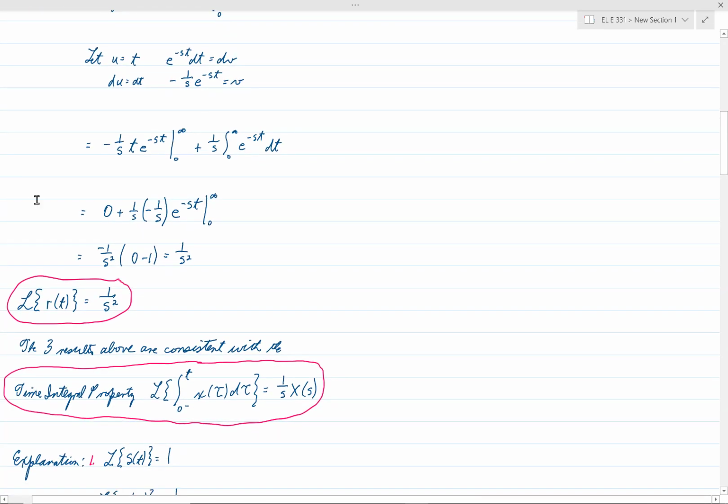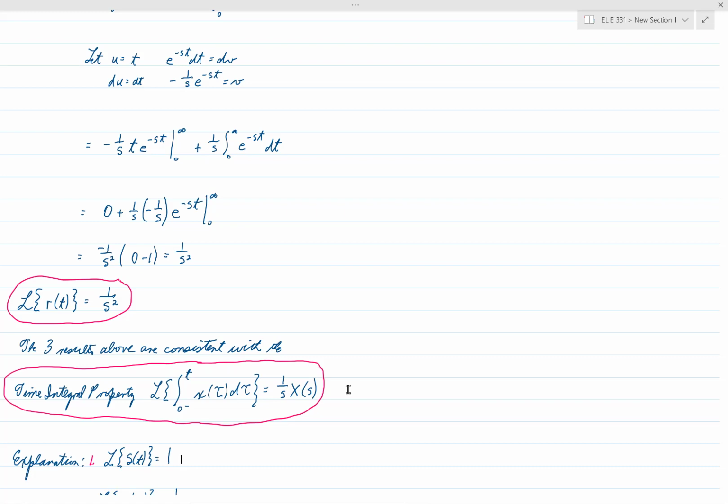And on the other hand, here we have a property. So usually, and this is the case in your book, you have tables of Laplace transform pairs and tables of Laplace transform properties and theorems. And both of these are important. In your book, these are tables 3-1 and 3-2.